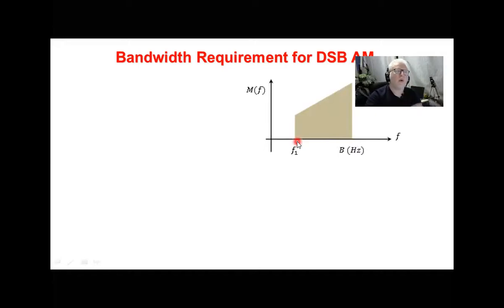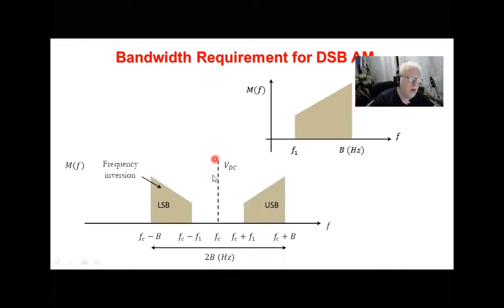Now, what if we modulate this signal using double-sided band AM modulation? You should expect the output frequency spectrum. If we are using a double-sided band AM modulator, we should have an output signal in this way. We have a carrier located at FC, and then we have the two sides of the signal, the upper sideband and the lower sideband.